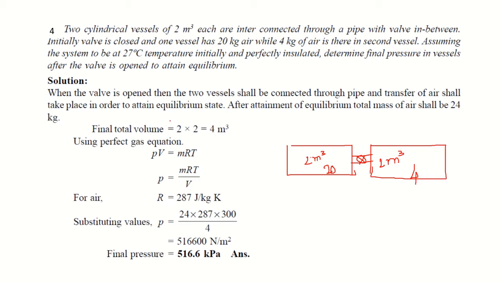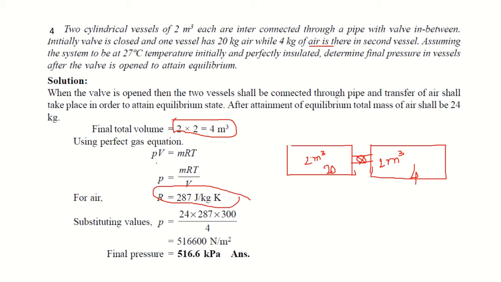When the valve is open, the two vessels shall be connected through the pipe and transfer of air shall take place in order to attain equilibrium. After attainment of equilibrium, total mass of air shall be 20 plus 4, 24 kg. Final volume is 4 meter cube. So, PV equal to mRT, P is equal to mRT by V. Air is the fluid, that's why R value is this much.